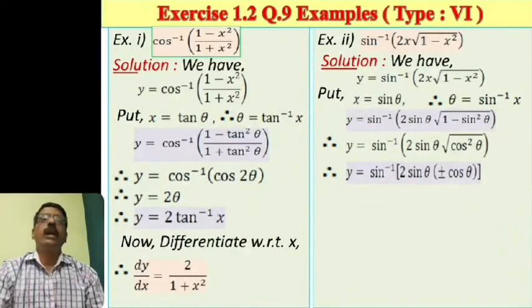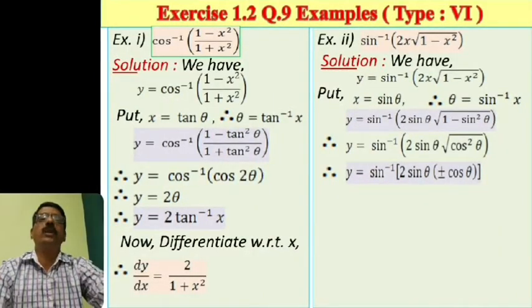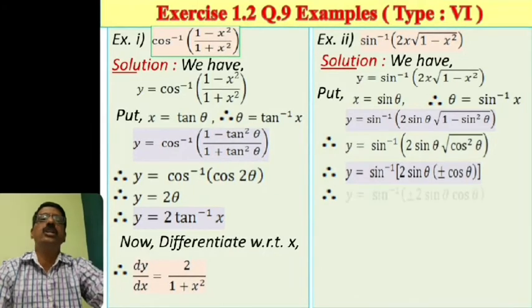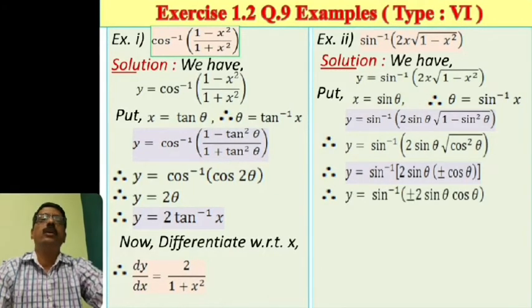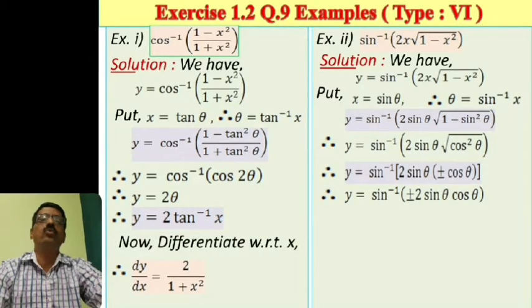Now again simplify this. Here we get y = sin inverse of (plus or minus 2 sin θ cos θ).